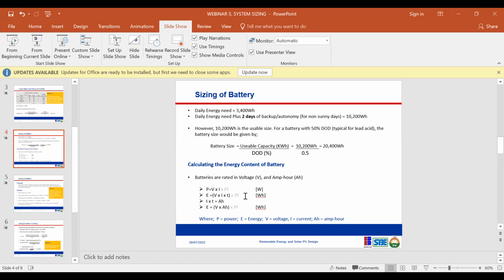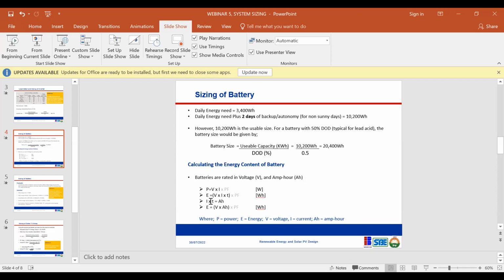You're welcome. So now the formula for energy, if you all remember, energy is equal to voltage times current times time. We can now recall that current times time is equal to amp hour.